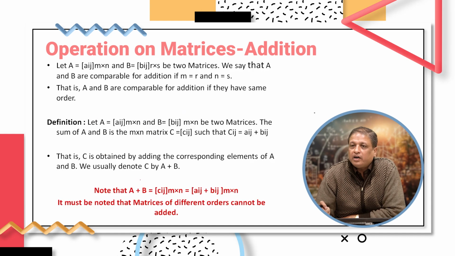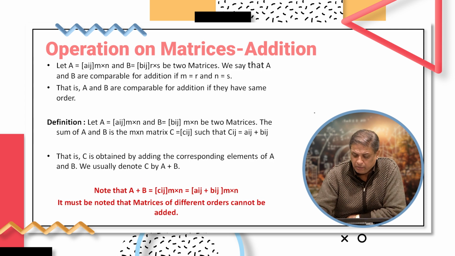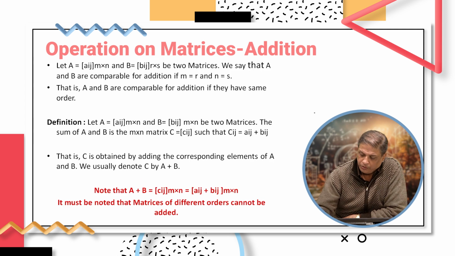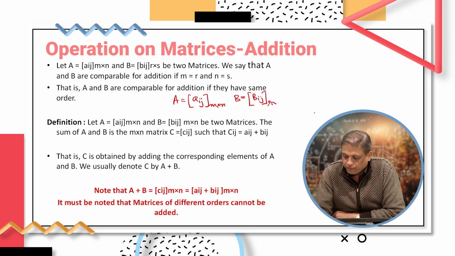Now, there are different operations that are to be conducted on matrices. Likewise, we have the addition operation, multiplication operation, subtraction operation, and many more. Say we have a matrix A, Aij, of order m cross n, and B is again a matrix, Bij, of order, say, r cross s.